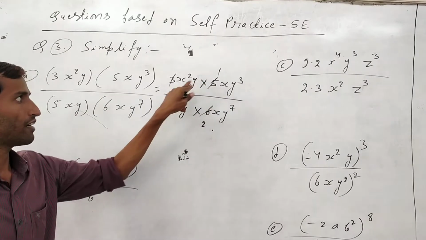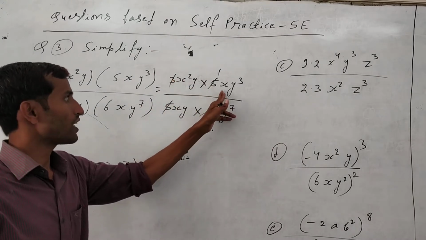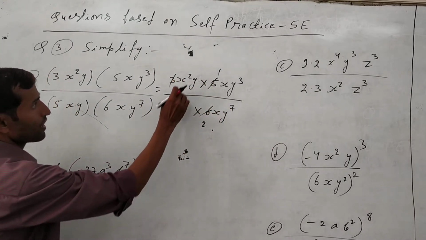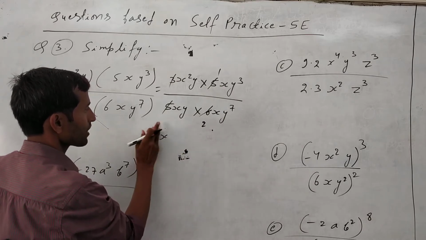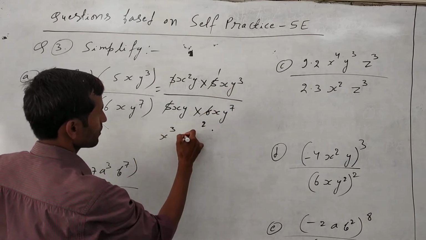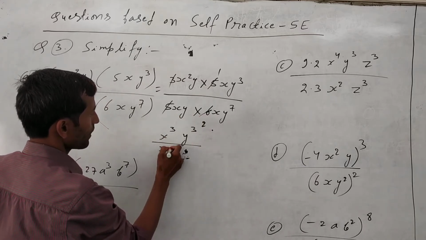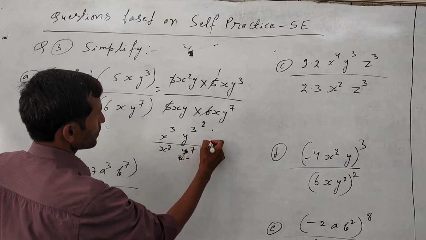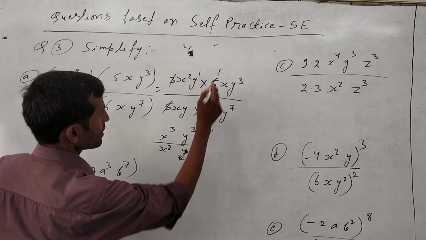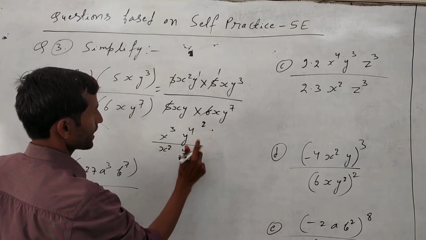First of all, if multiplication is there, we have to add the powers. So x^2 times x, 2 plus 1, means power 3 will come here, and y^3 upon x^2 and y^7 in the denominator. After that, y^1 is also there in the denominator, so y^4 will come here, and y^7 plus 1 gives 8.